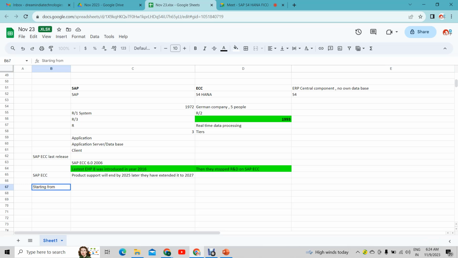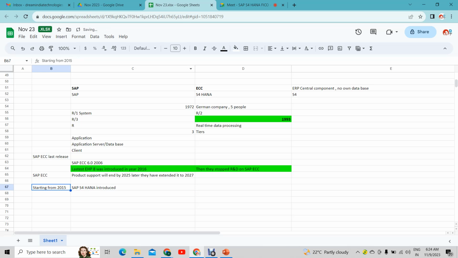Starting from which year was SAP S4 HANA in the market? 2015. Correct. Starting from 2015, they released SAP S4 HANA in the market. SAP S4 HANA was introduced.